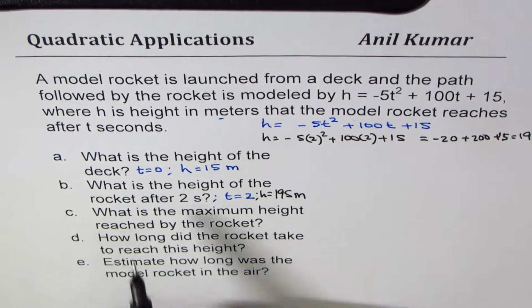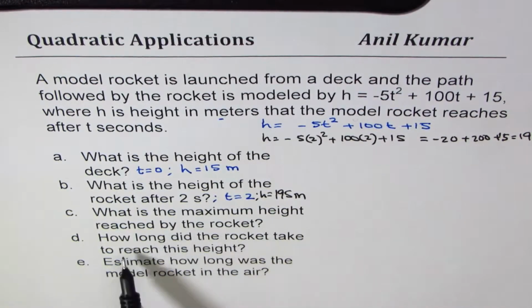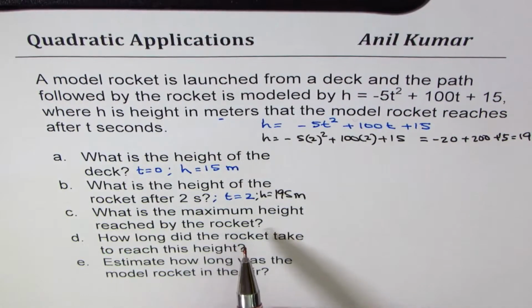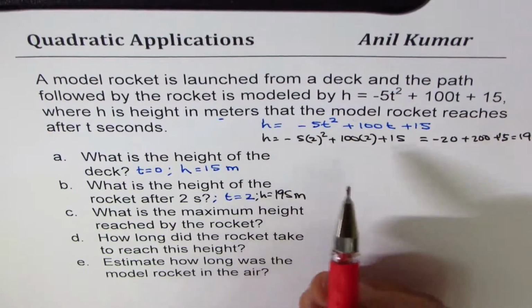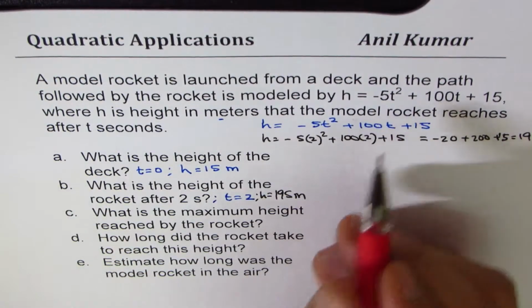Okay. Part C is, what is the maximum height reached by the rocket? And D is, how long did the rocket take to reach this height? Now some of you will know that in such an equation, maximum height is reached at minus b by 2a.